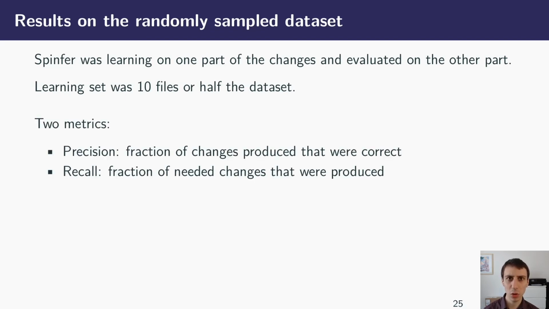We evaluated 2 metrics that are commonly used in software transformation evaluation, which are precision, the percentage of produced changes that are correct, and recall, the percentage of changes that need to be done that were produced.